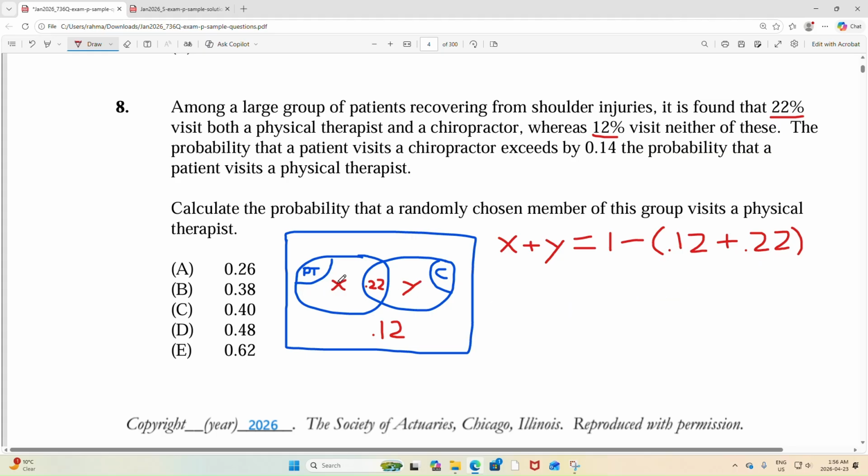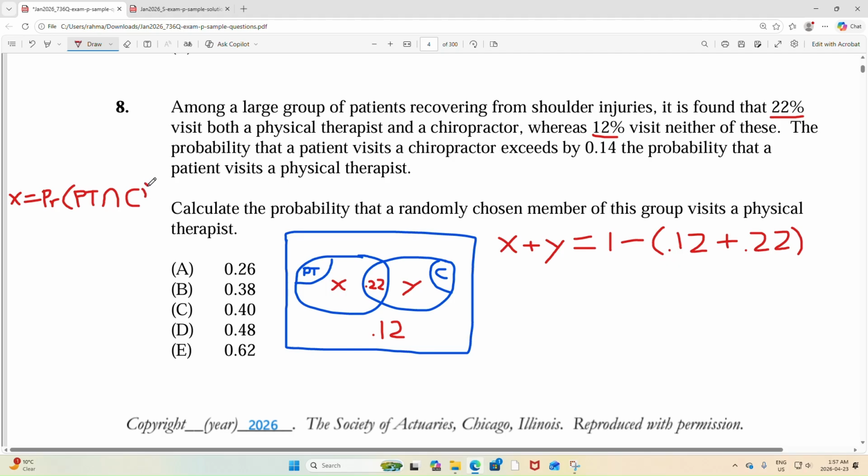Well, before we move any further, I just want to explain when I mark off these regions as X and Y, these are non-overlapping regions. So, for example, X is going to be the probability of seeing a physical therapist intersect C complement.